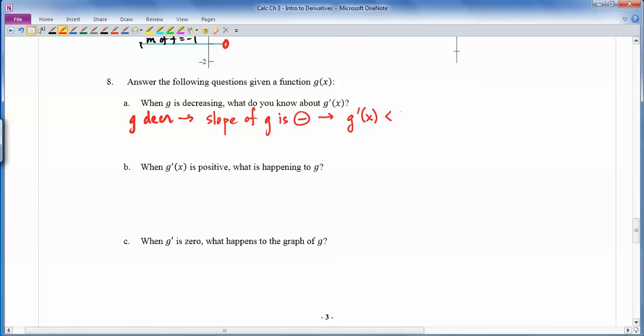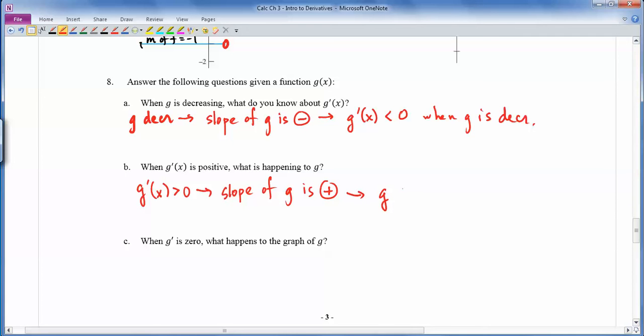So g prime x is also negative. So g prime x is negative when g is decreasing. When g prime of x is positive, that means that the slope of g is positive. And so that means g has to be increasing.